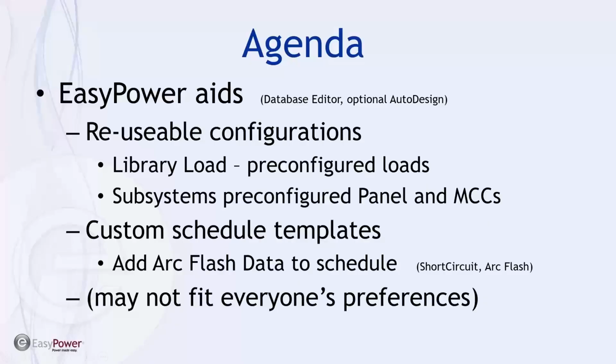Then the need or potential for saving pre-configured panels and MCCs as a subsystem is relatively common. After that, we'll be customizing the schedule template that's used to display the data, and in particular adding short circuit and arc flash information into that schedule. Those of you with short circuit and arc flash will be able to take advantage of that.